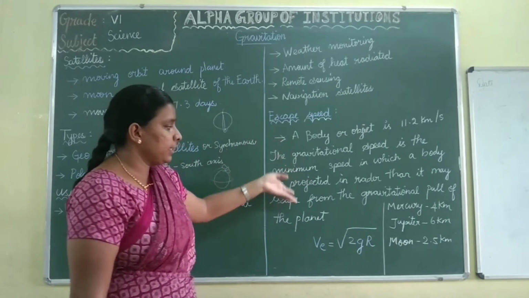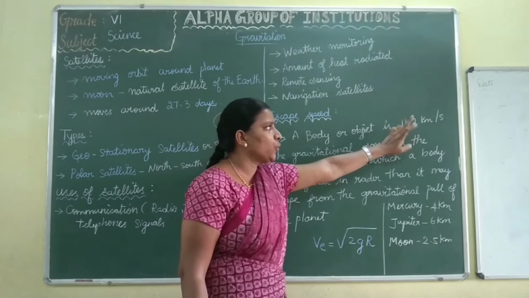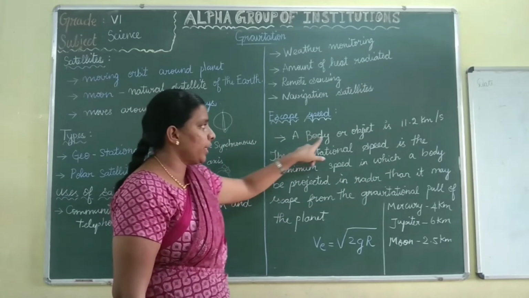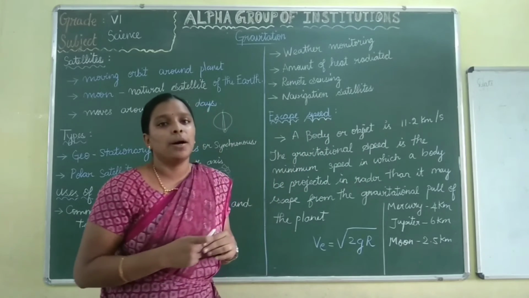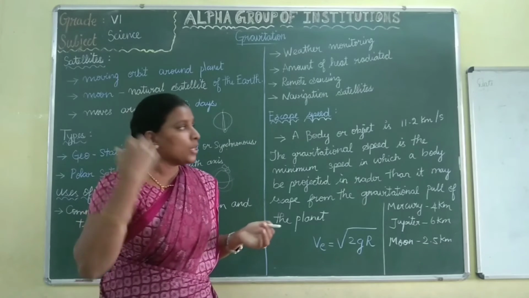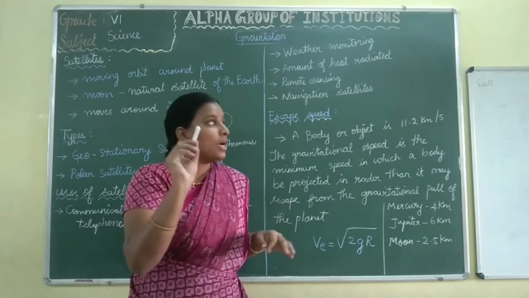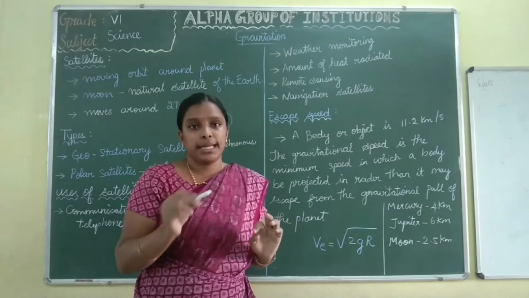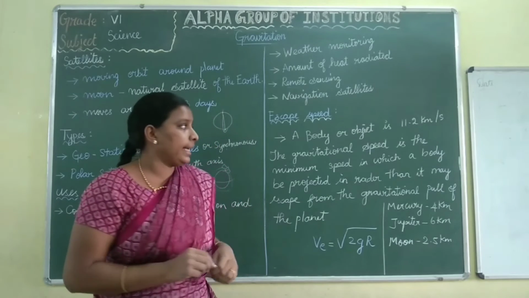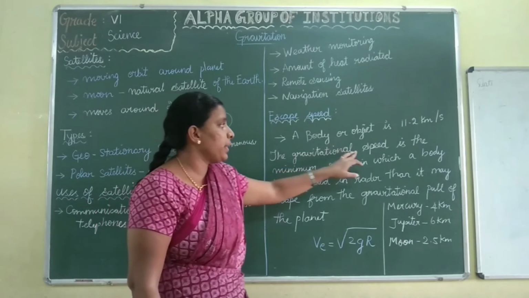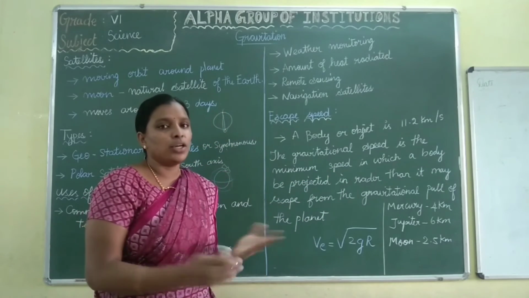Then there is a definition given here: a body or object projected at 11.2 km per second. If I throw an object from the earth, the object moves at 11.2 km per second. The escape speed is the minimum speed, not the maximum.